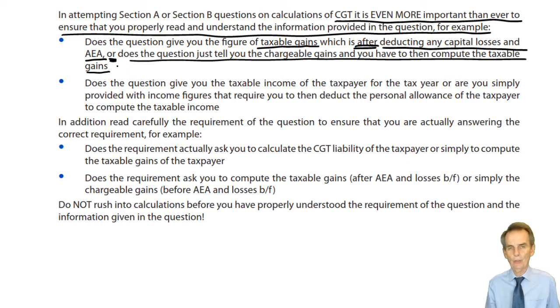Obviously, if you have capital losses brought forward as well, then those too must at the very end be dealt with, if of course there's anything to deduct them from at that point in time. But what you may get is taxable gains, so that's the figure after AEA, or net gains, which is before any deduction of AEA.